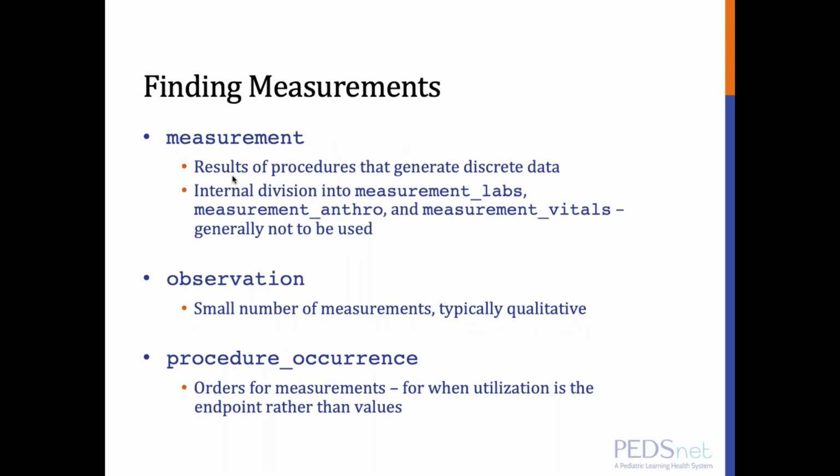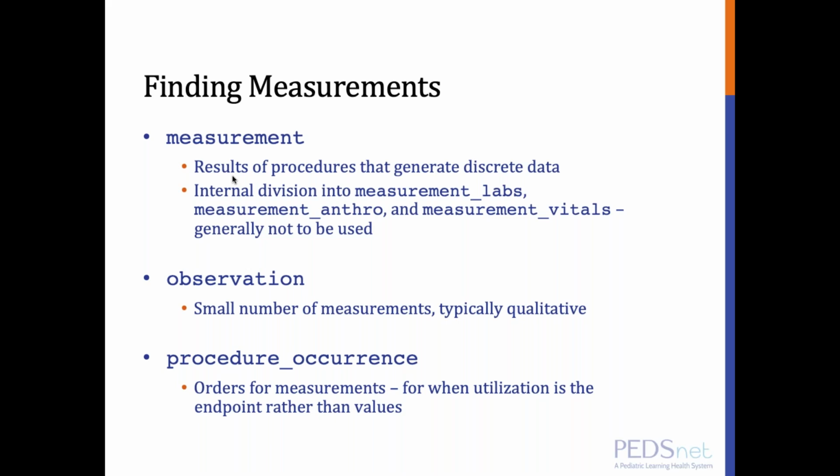So measurements, similar to how procedures can be found in different domains in the data model, measurements can also be found in other places besides just the measurement table. Usually if you were looking up different lab values, you would want to go straight to the measurement table. There are other divisions of measurements such as measurement labs, measurement anthro, measurement vitals, which are other tables that are not really used as often as the measurement table, but they are different places that you can look for different values.